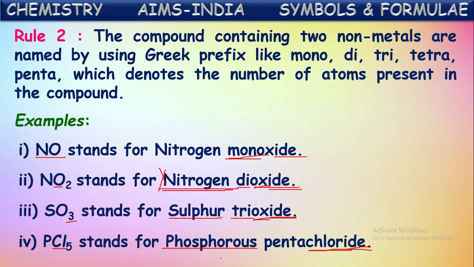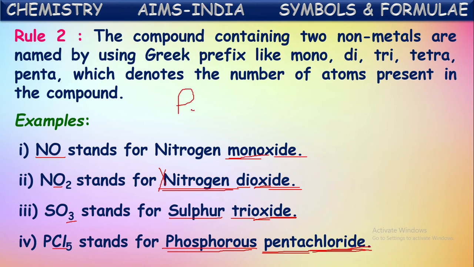Now it becomes phosphorus chloride. And the number of chlorine atoms present in the molecule is also mentioned using the Greek prefix penta before the second non-metal name. Now it becomes phosphorus pentachloride.